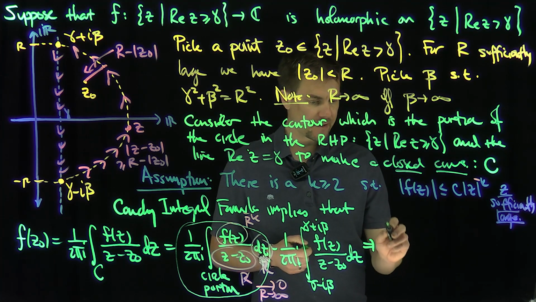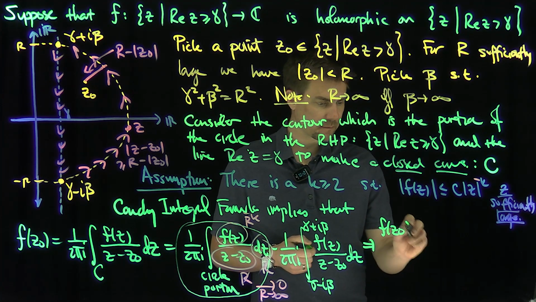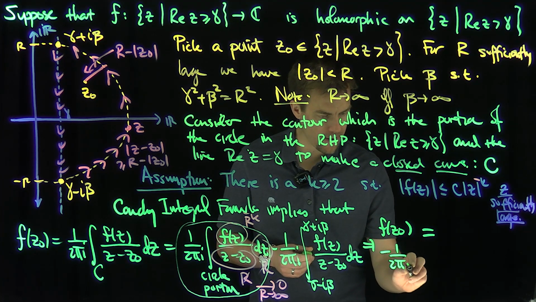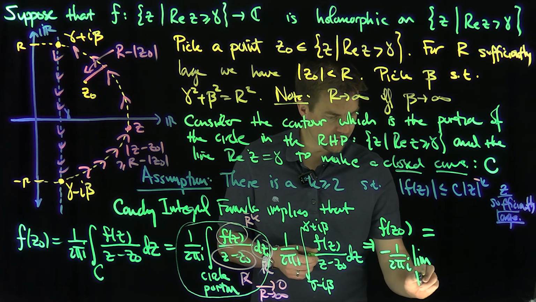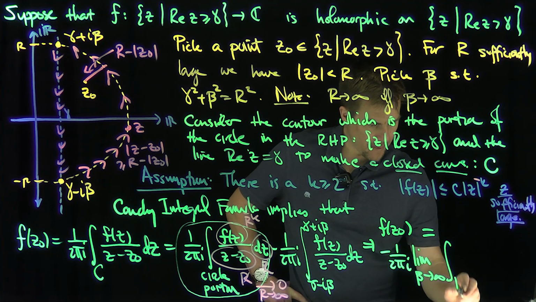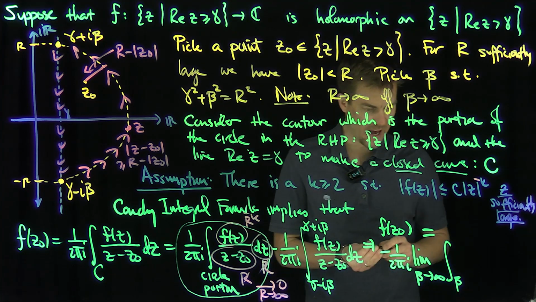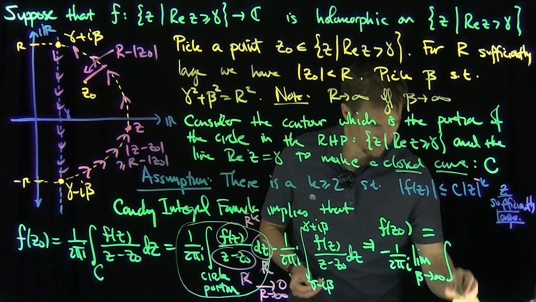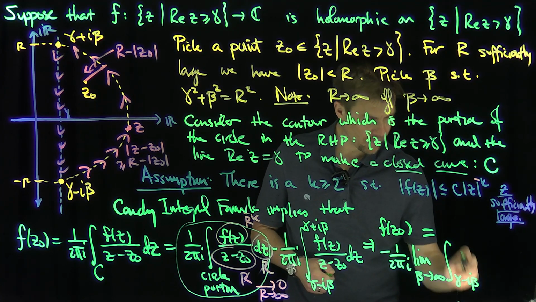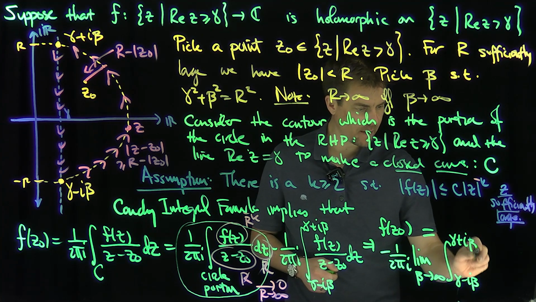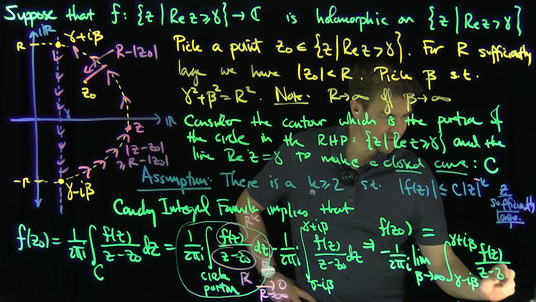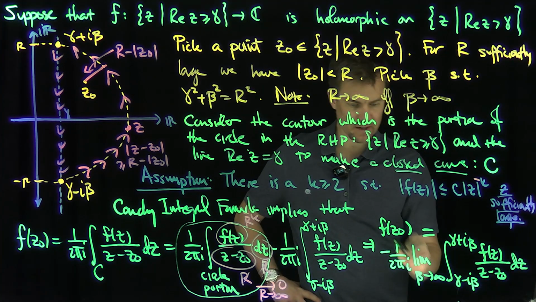This implies that f of z0 is equal to negative 1 over 2 pi i, the limit as beta tends to infinity of the integral from gamma minus i beta to gamma plus i beta of f of z over z minus z0 dz, like this.